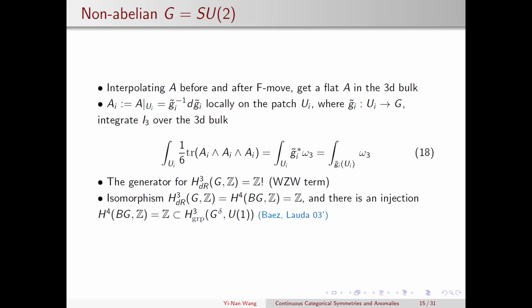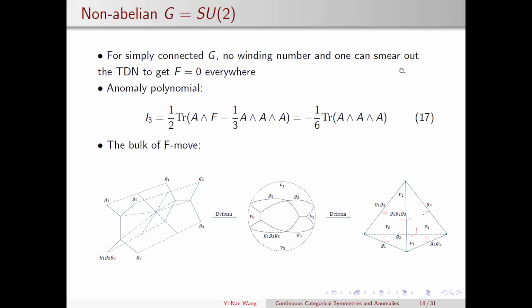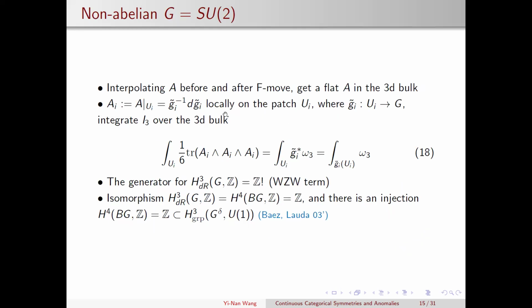Honestly speaking, you may be able to get a smooth G tilde here when you smear out the topological defect network. If you don't do that, it could still be a non-smooth function. Okay, thank you.